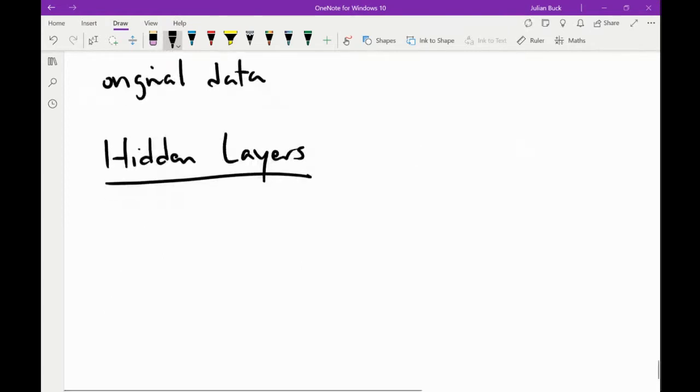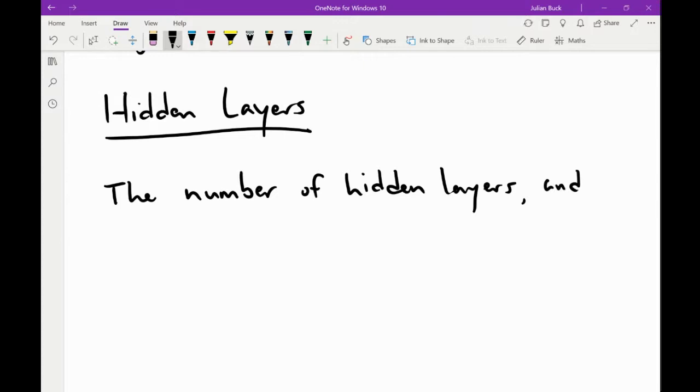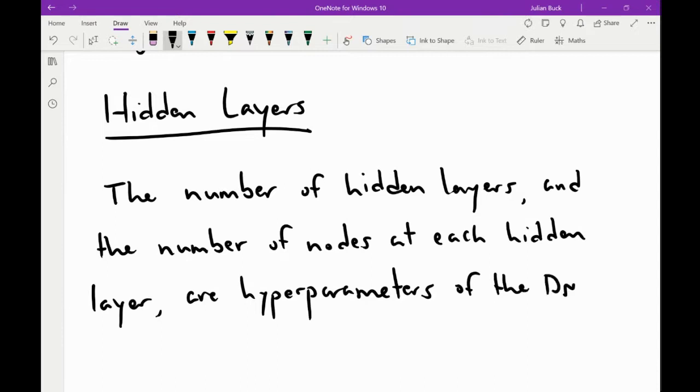Okay. So the number of hidden layers and the number of nodes at each hidden layer are hyperparameters of the deep neural network and can be tuned.